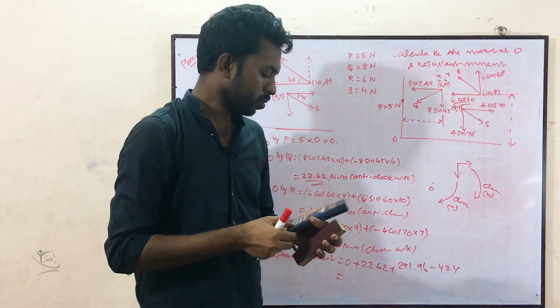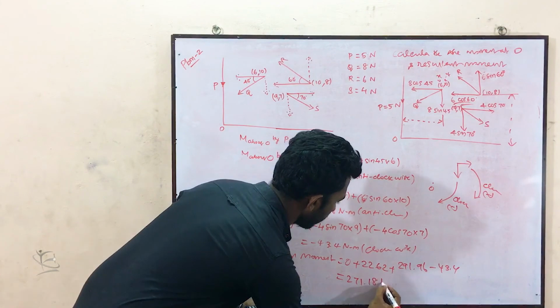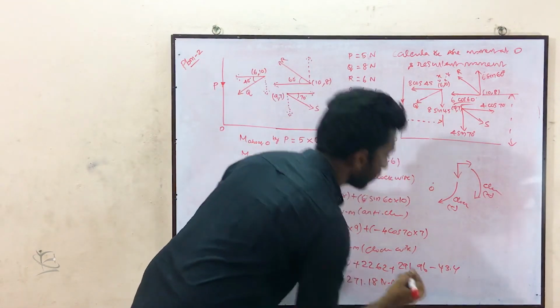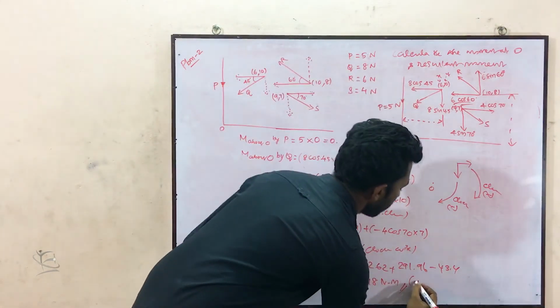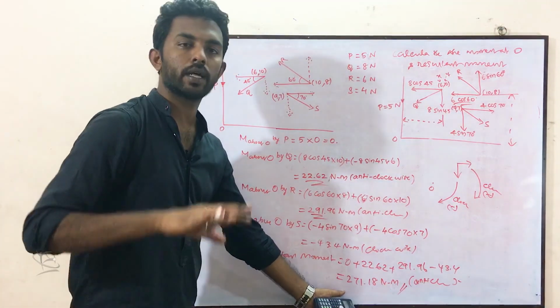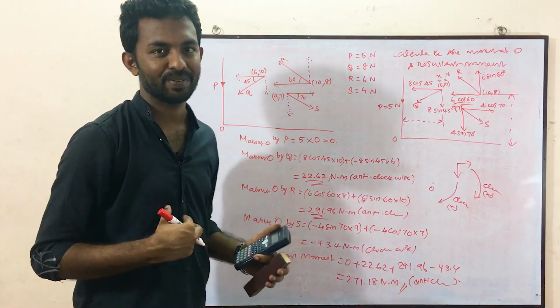The answer will be 271.18 Newton meter. This is positive, so in the bracket you write that the resultant moment is in the anti-clockwise direction. Okay, thank you.